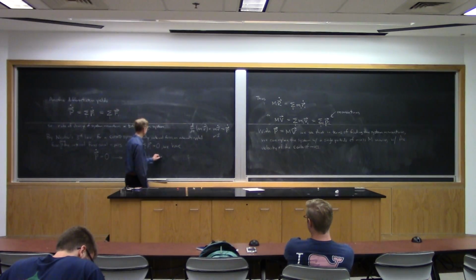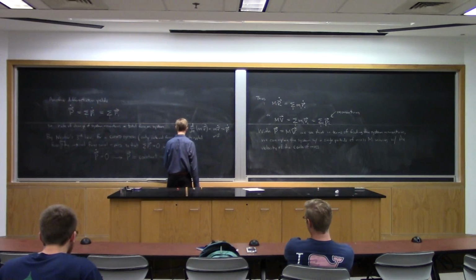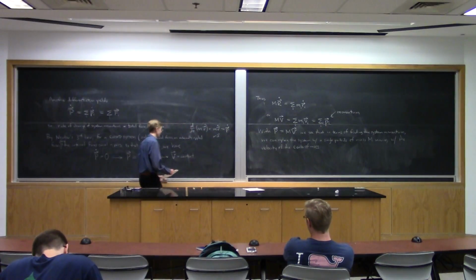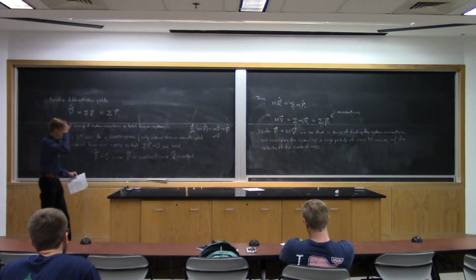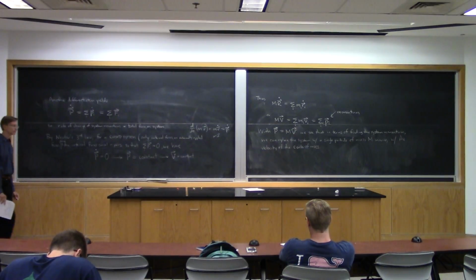And that says V is constant because the total mass doesn't change, it's just the sum of all the masses. So that says the center of mass moves in a straight line at constant speed.